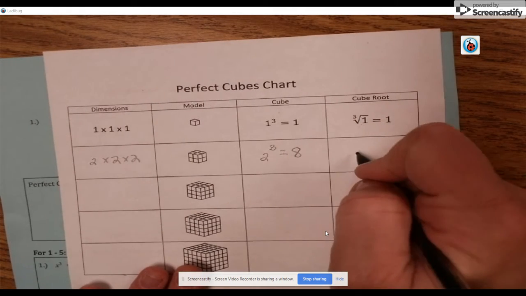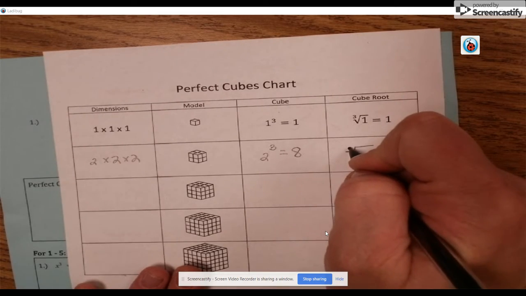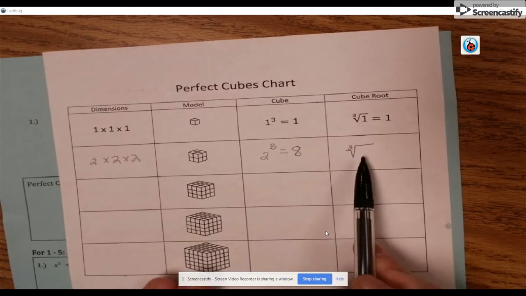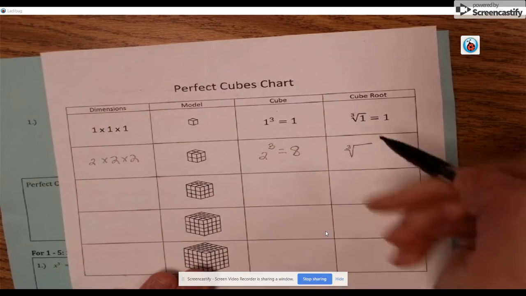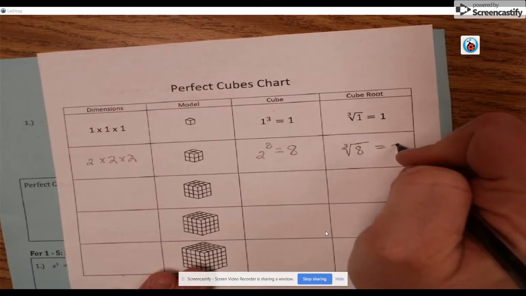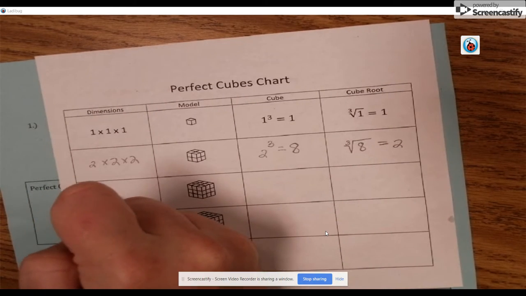In order to show that I'm taking a cube root and not a square root, I have to write that little 3 in the pocket right there. So now I'm going to say the cube root of 8 is going to bring me back to 2. I'm going to keep going. See if you can try it.